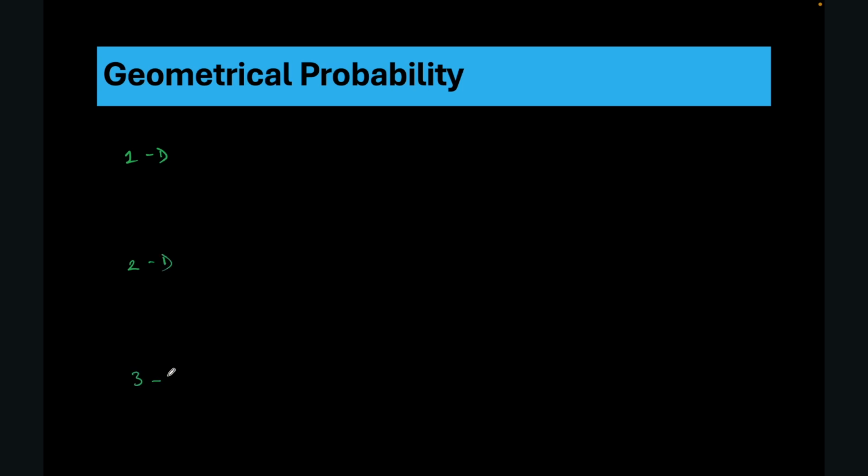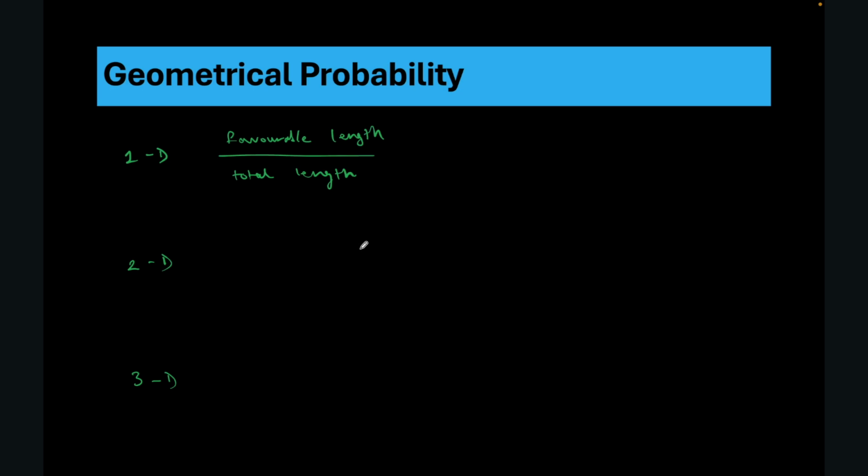And three dimensions: spheres, cubes, pyramids, all sorts of those things. So in one dimension, it's just favorable length over total length. When I say this without any context, it sounds really confusing, so just bear with me for the next few minutes.